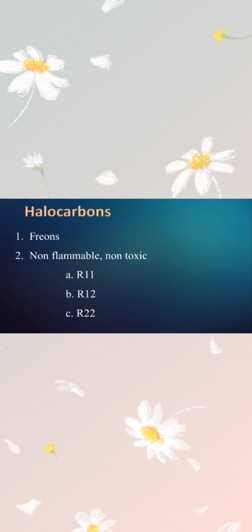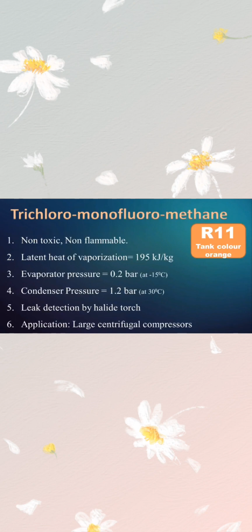Next, halocarbons. Halocarbons are synthetically made compounds which are also called freons. They are generally designated as R11, R12, R13, etc. Let us see some freons which are used in the HVAC industry. R11, trichloromonofluoromethane. It is a non-flammable, non-toxic compound.